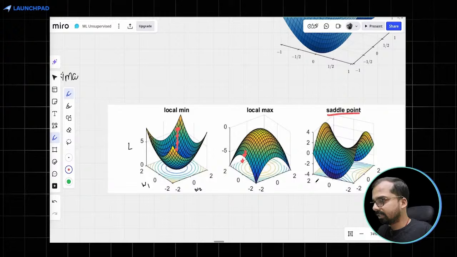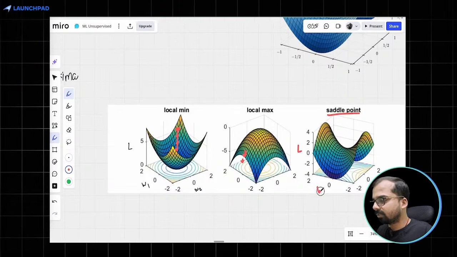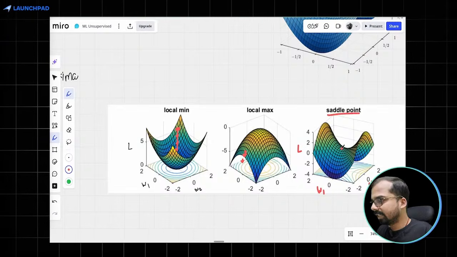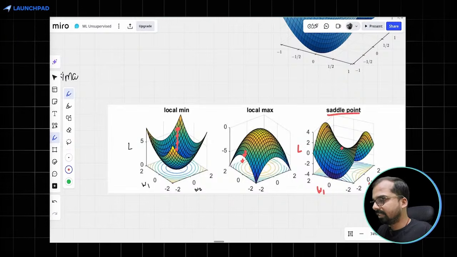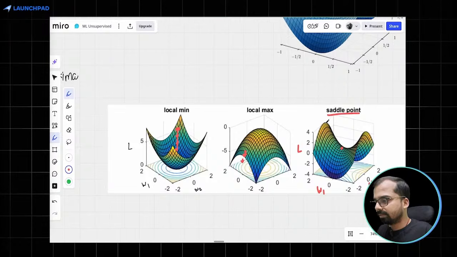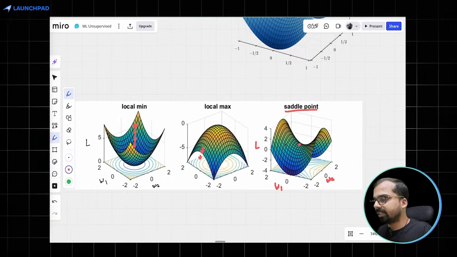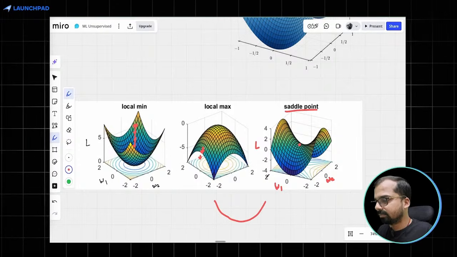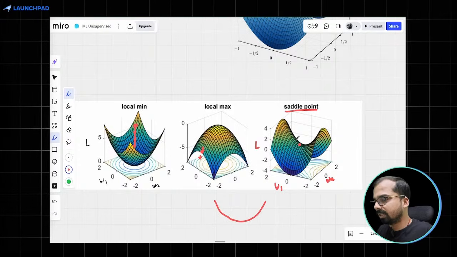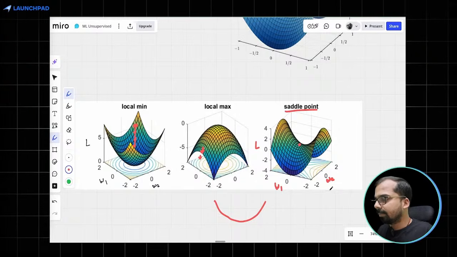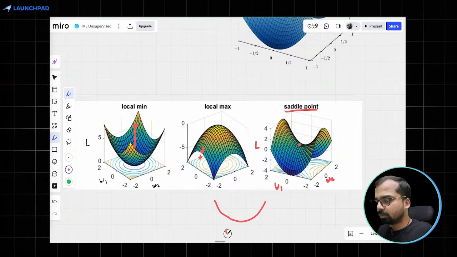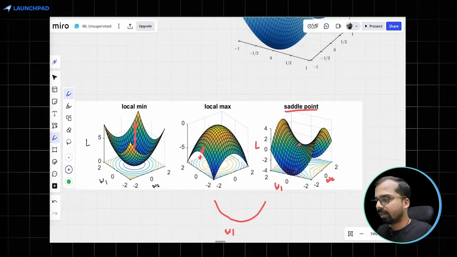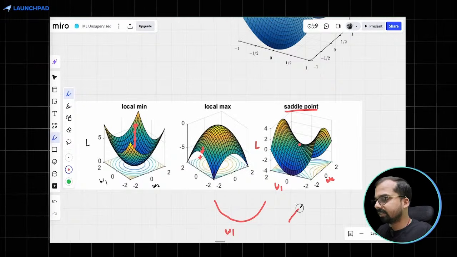Here I have basically loss with respect to W1 and W2. But let's say I reach somewhere over here. If I plot with respect to W1 this graph, it will look something like this actually. With respect to W1, the graph is something like this. But if I plot with respect to W2, so this is my W2 axis, it will come something like this.